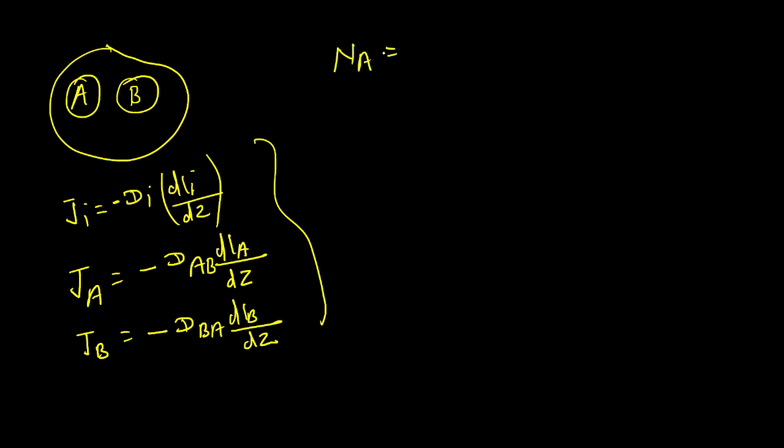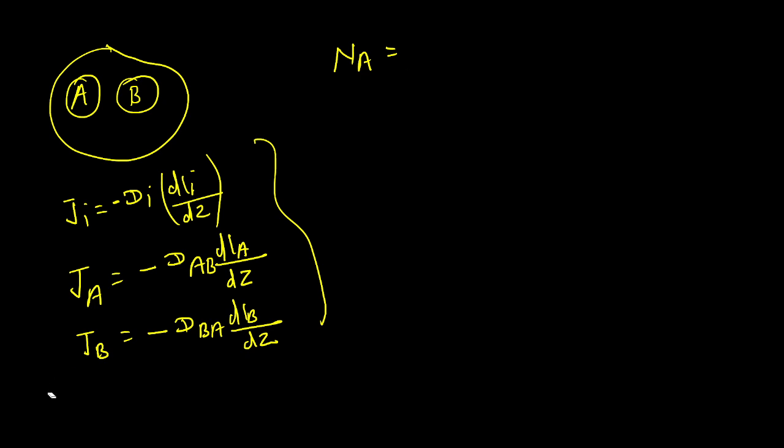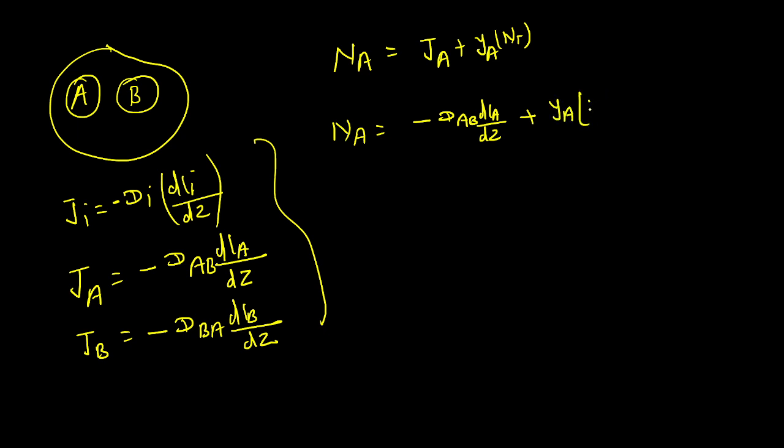Na is equal to, now we know the value of Ja and Jb, so we can write the J and Jb terms here. So it will be Ja plus Ya into Nt. Are you getting it? So I can write Na is equal to J, that is equal to minus DAB dCA upon dz plus Ya, and here you can write Na plus Nb.